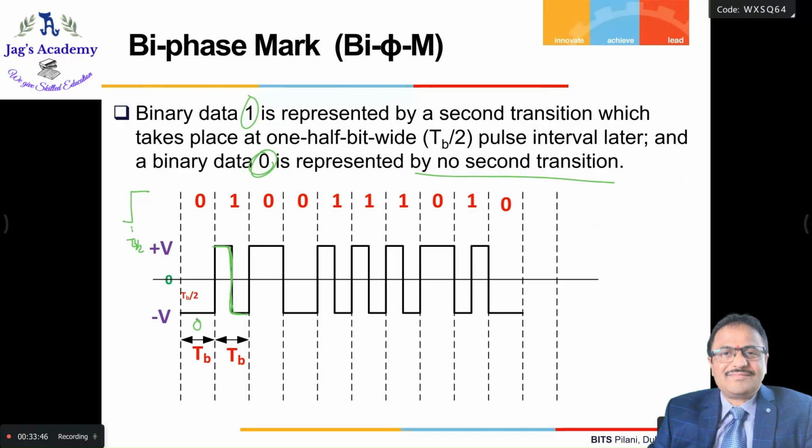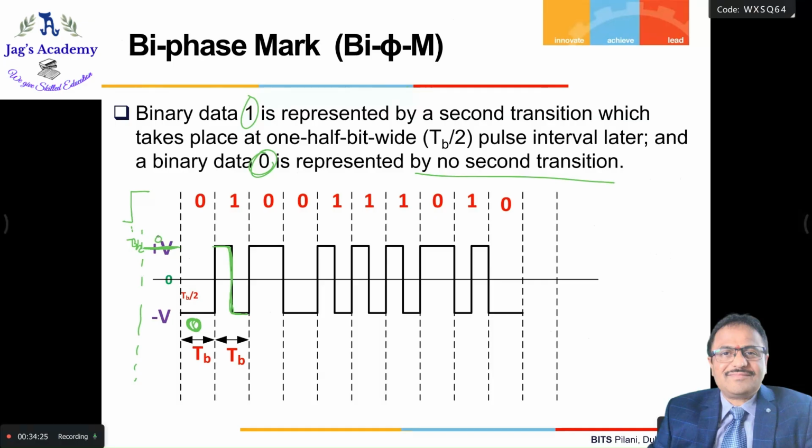Now, to get the 0 here, can you tell me what will be the previous level? Is it only one possibility? One answer; that's why it will be given. Previously it will be like this, for example. This is also 0, this is also 0. 0 means there is a transition, but no second transition.